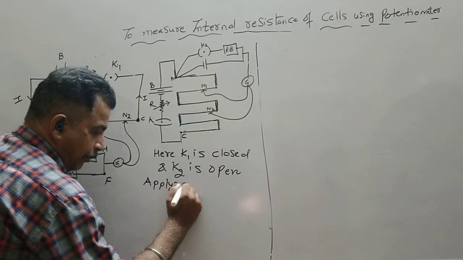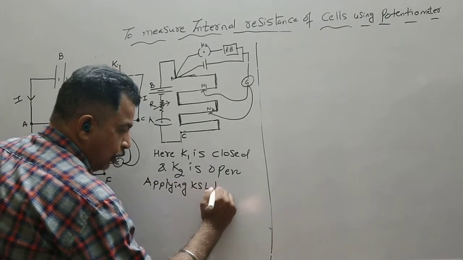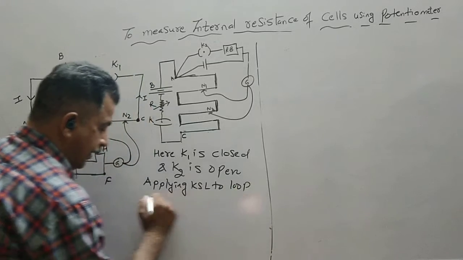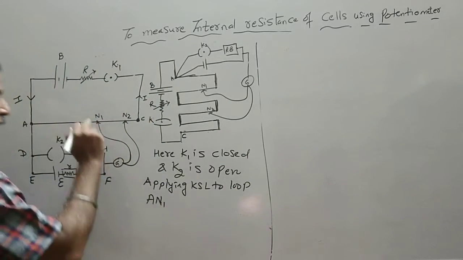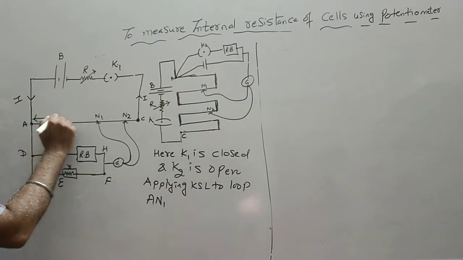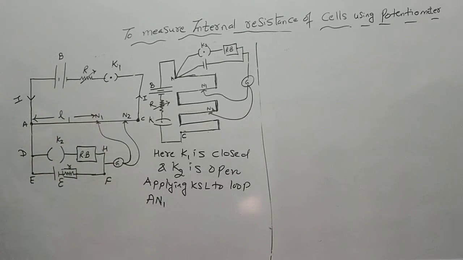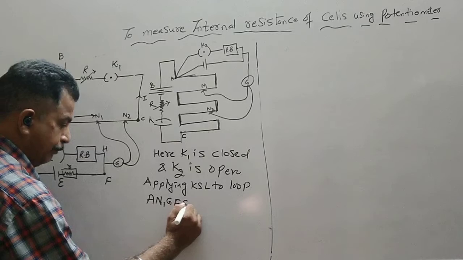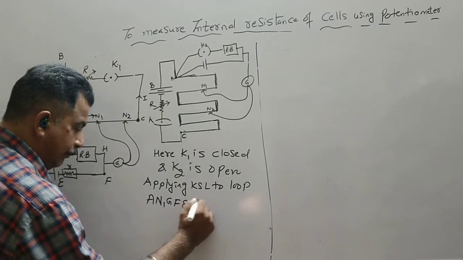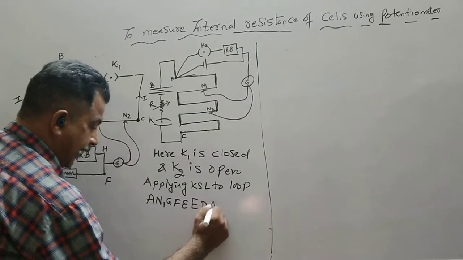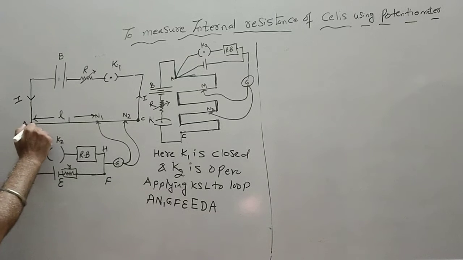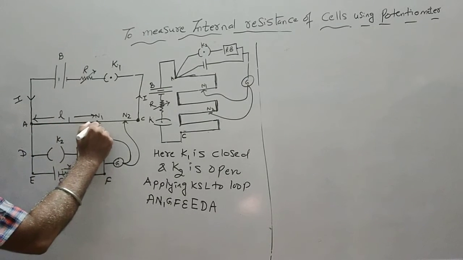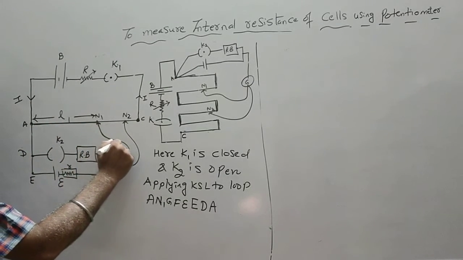Again, applying Kirchhoff's second law to loop A, N1. N1 is the first null point we obtain, that is, say L. So A, N1, G, F, battery named E, point named E, D, A. This is the path we are following.